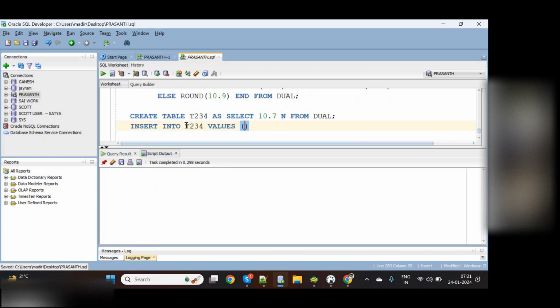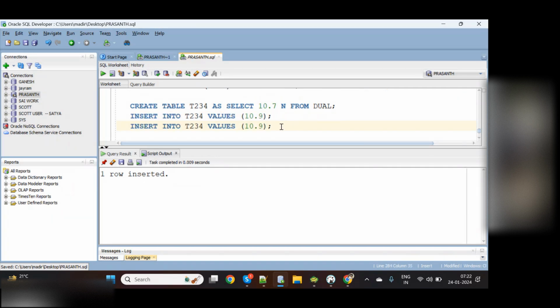Okay. Insert into values. So now I am going to give 10.9 n from dual. Oh, not direct values, sorry. Yeah, 10.9. Okay, and next, what value we will give? 10.2 also will give.